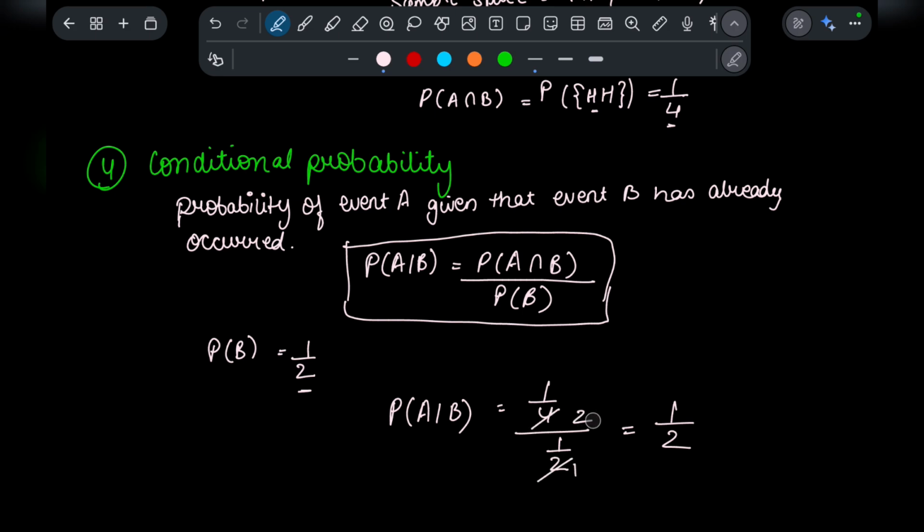It means that if the second coin is head, the chance that the first coin is also head is just 50%.